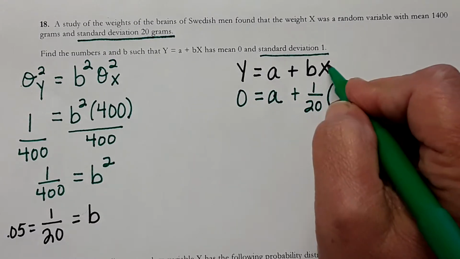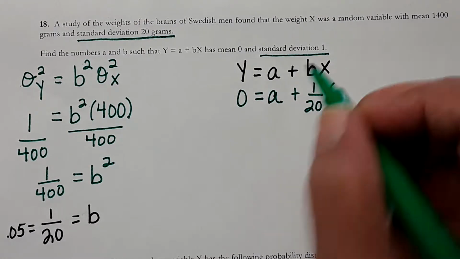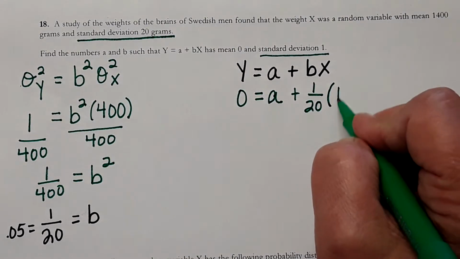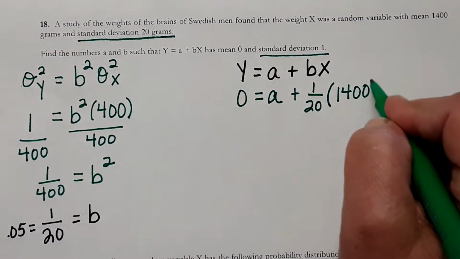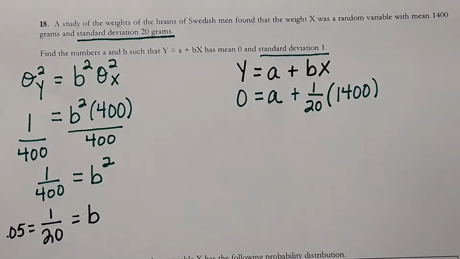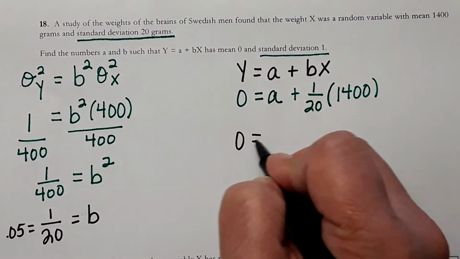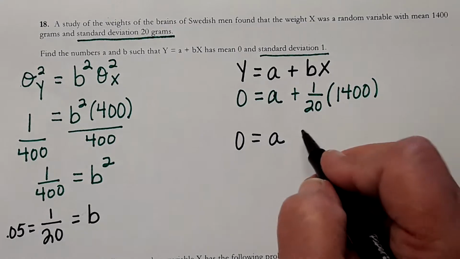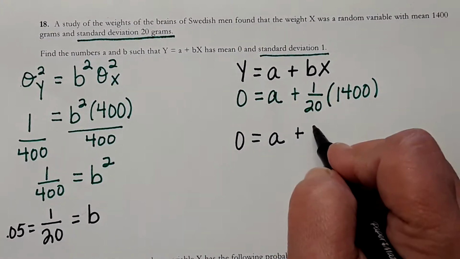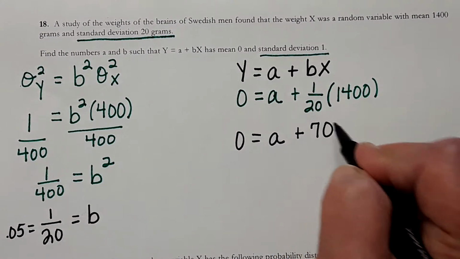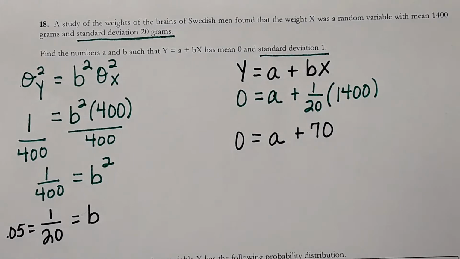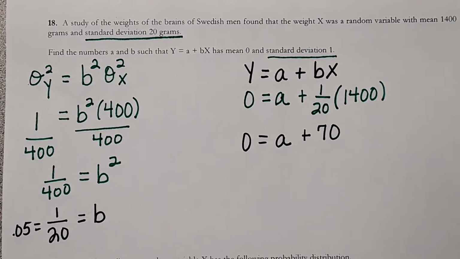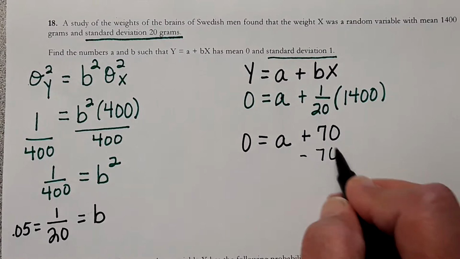And then my X was, so here's my B, which I just found, and then my mean was 1,400. Well, 1/20 of 1,400 is 70. Subtract 70.